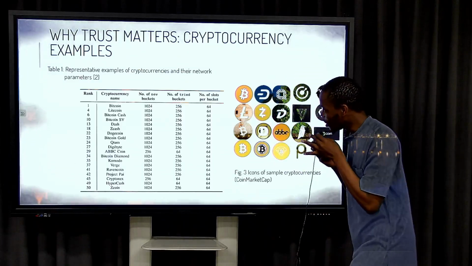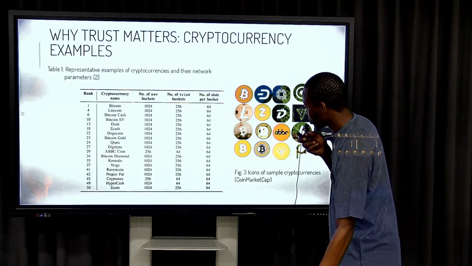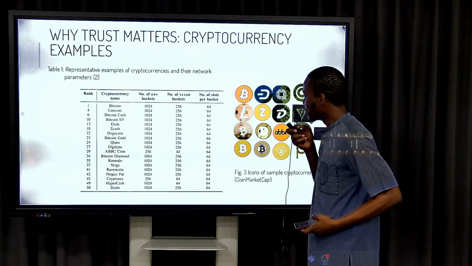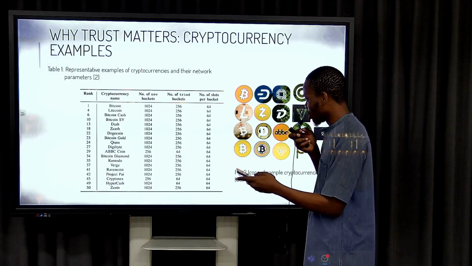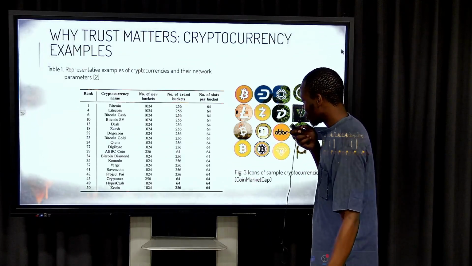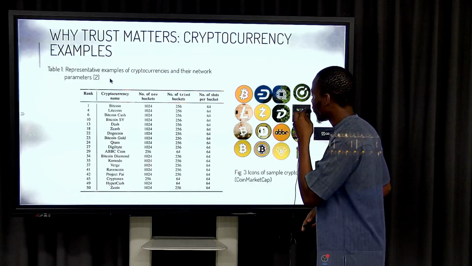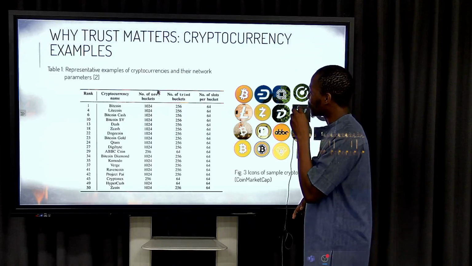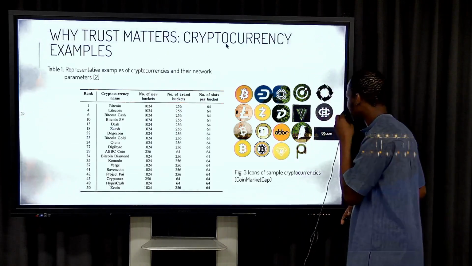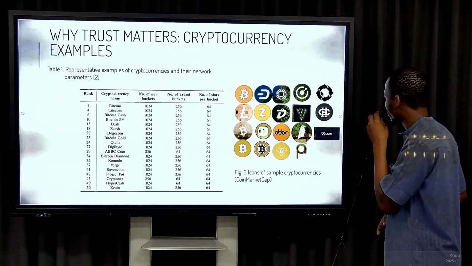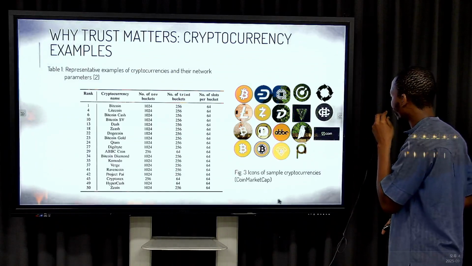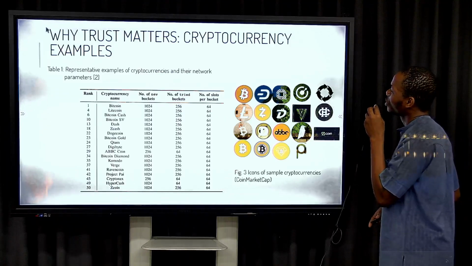Next, we still have to look at other cryptocurrencies that we have. We can see we have many, like Bitcoin, Litecoin, Bitcoin Cash, Zcoin, Zcash, and so on and so forth. Based on this, we have at least 5,000 different types of cryptocurrencies. As you can see on the right-hand side, these are their logos as gotten from CoinMarketCap.